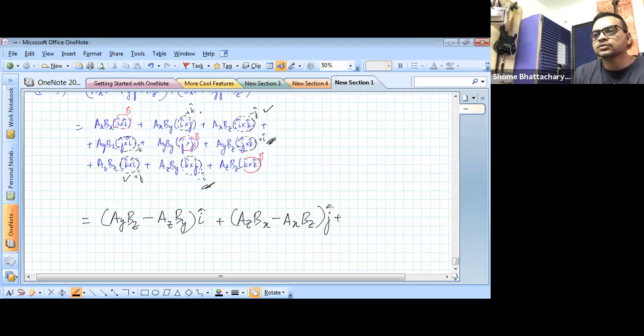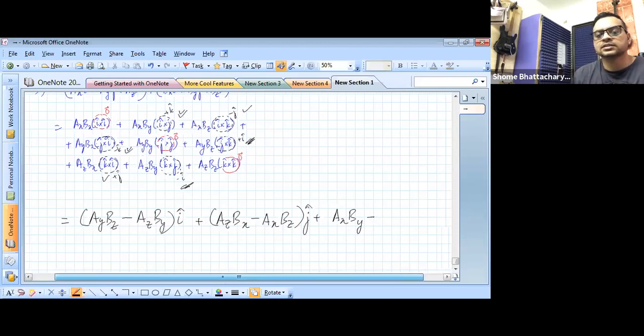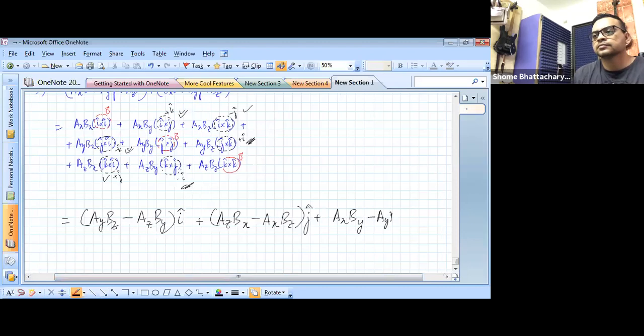And which terms come with k cap? There is this term and there is this term. So there is AxBy minus AyBx. So we get a formula for the cross product like this.